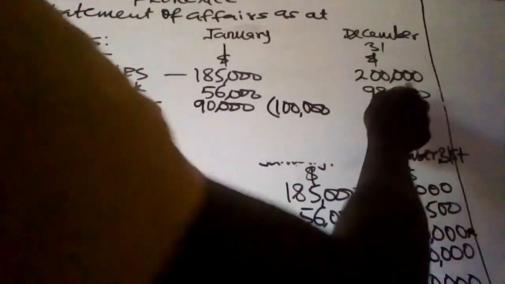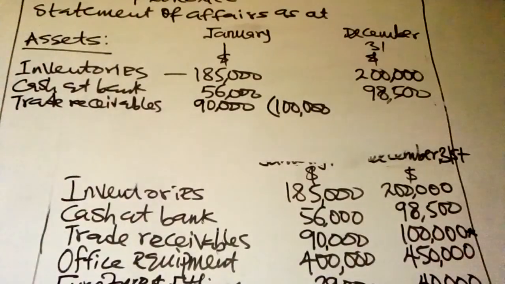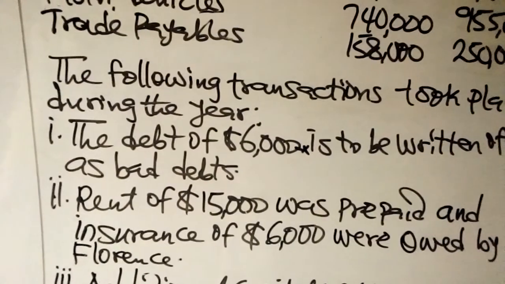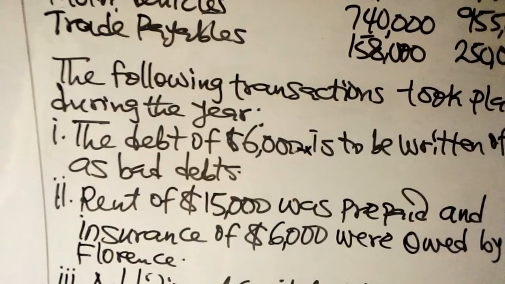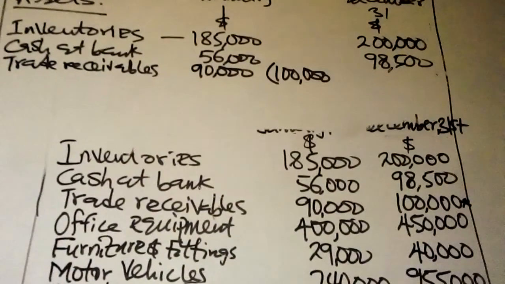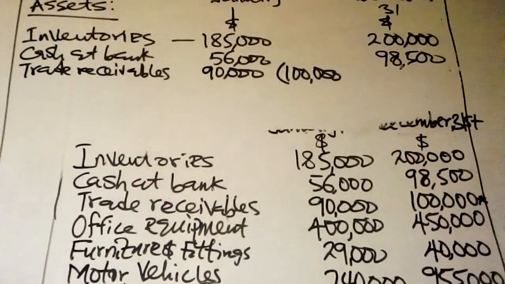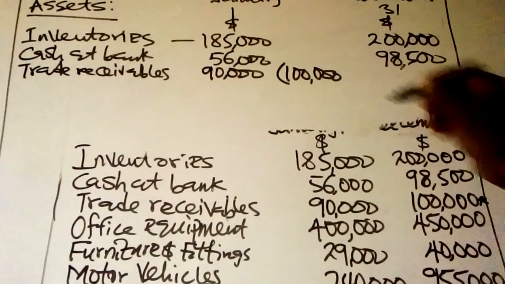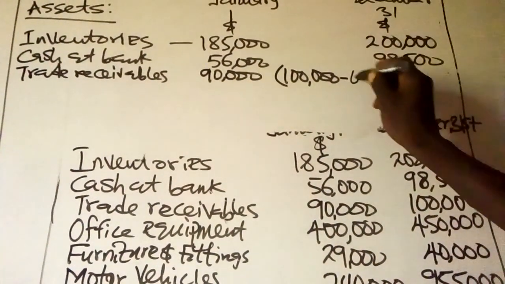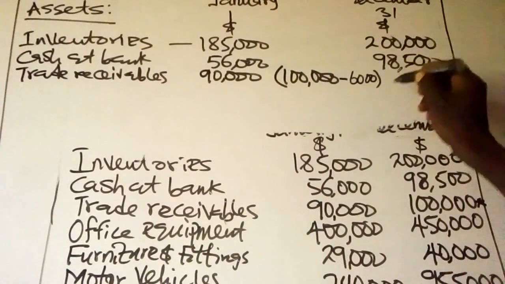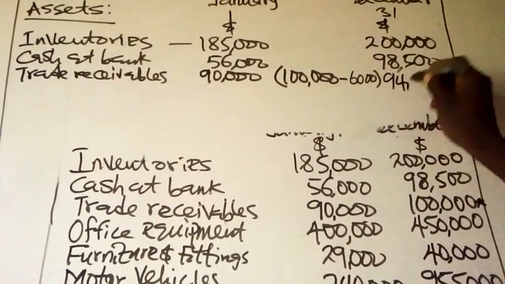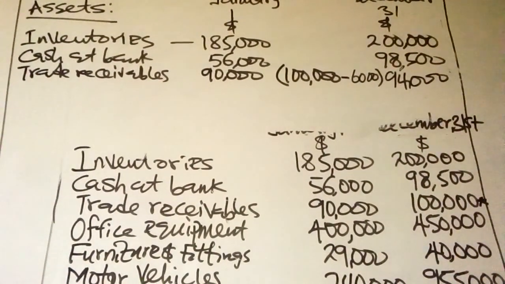I'm not recording the 100,000 here because you were told that 6,000 is bad. If 6,000 is bad, you have to remove the bad debts from that. So minus 6,000, then you'll be left with 94,000.